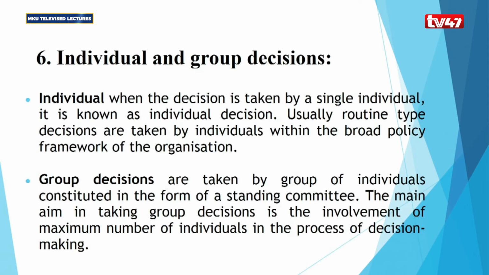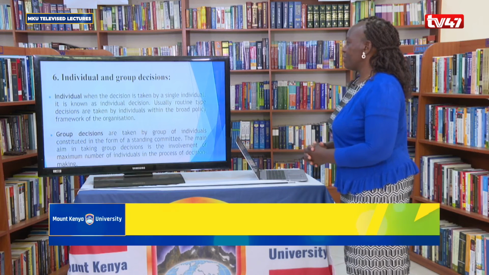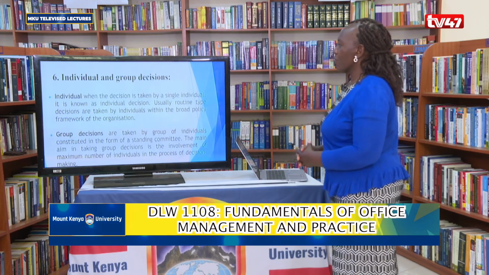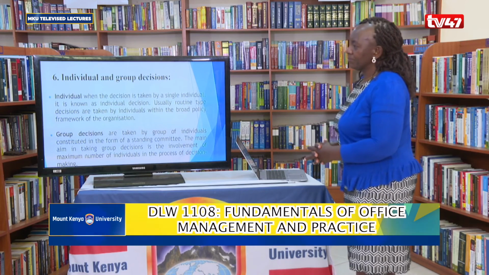Six, and the last type of decision, we have individual and group decisions. Individual decisions take place when the decision is taken by a single individual, and usually routine type decisions are taken by individuals within the broad policy framework of the organization.